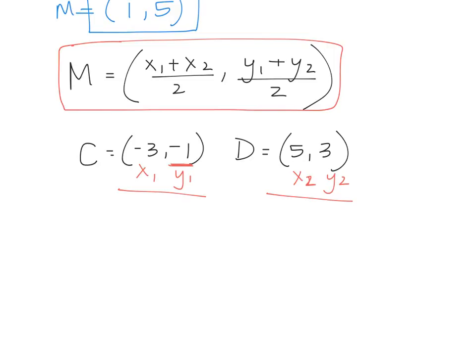Okay. Tell me what you plugged in for your x's. What's this part of your setup for the midpoint formula? Negative 3 plus 5 divided by 2. Okay, what's your second part?